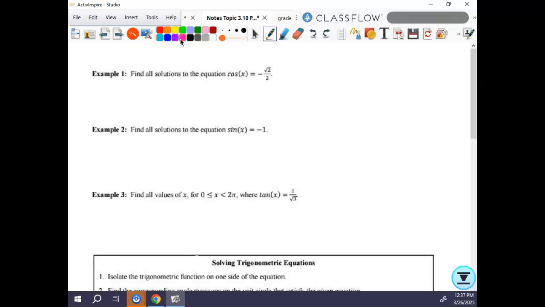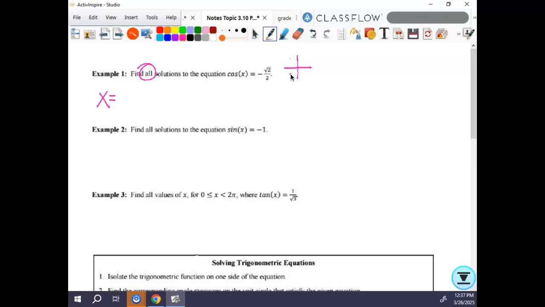All right, so this says find all the solutions to this equation, which means there's an infinite amount of them, right? This is a negative cosine value. Cosine is negative in which quadrants? Second and third, right?